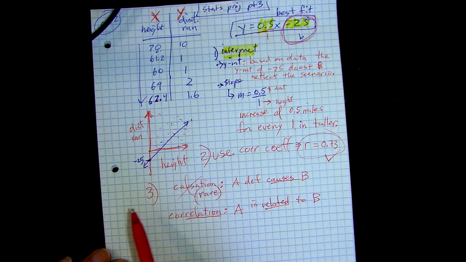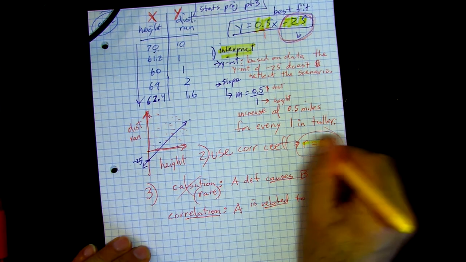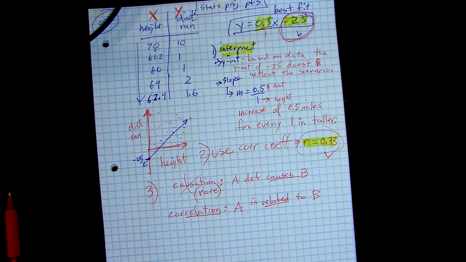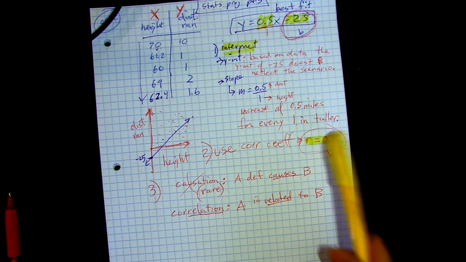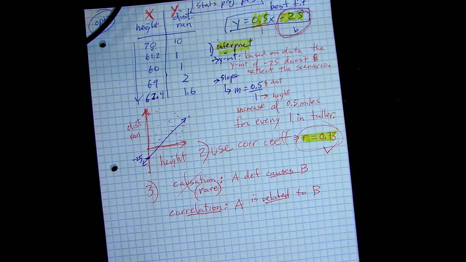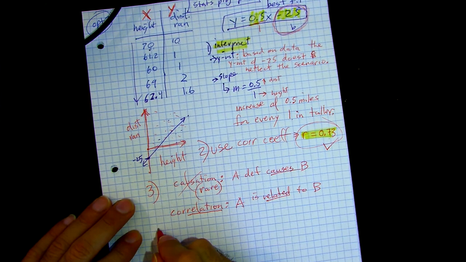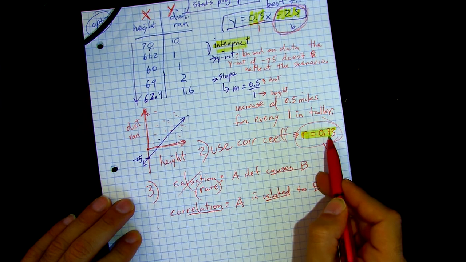So if I'm talking about this number 3, I am going to look over and see what my R value was. This is not the R value for you, because I only did it for 5. You have to do it for all 20 something. But I'm going to say here that this is a moderately strong positive correlation.